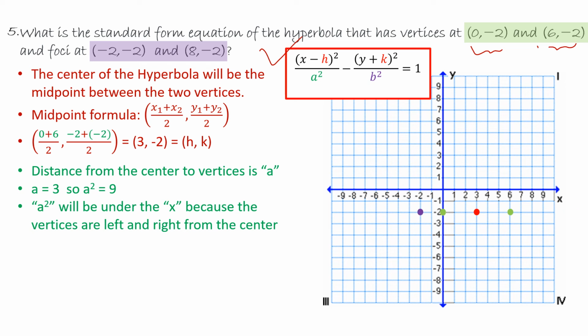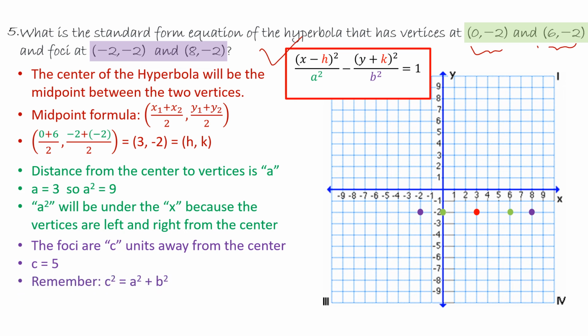Now let's put the foci. Foci lie inside the opening of the hyperbola, and they're also on the transverse axis. Again, the center is the midpoint between the vertices and the foci. The foci are c units from the center. If you count from the center to the focus, c is 5, which means c squared is 25.